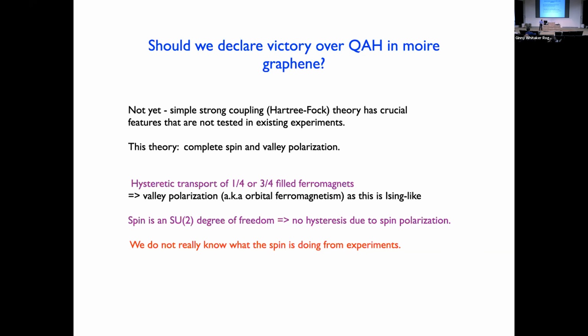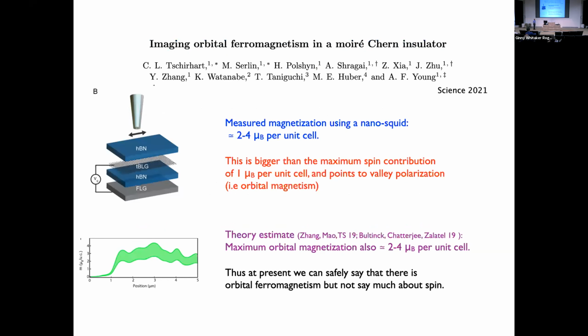And this is emphasized further by a recent paper from Andrea Young's group, where he directly tried to image the magnetism in this TBLG aligned with hBN. It's a nanoSQUID measurement that he uses, with large uncertainties. But the measured magnetization per unit cell is about 2 to 4 mu B per unit cell.